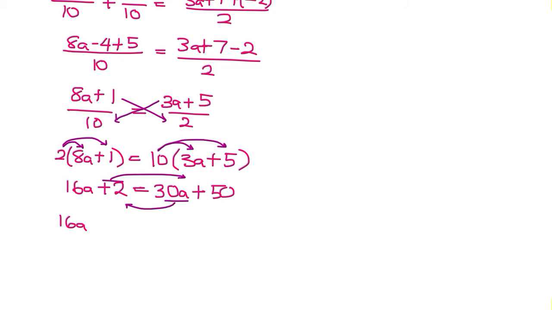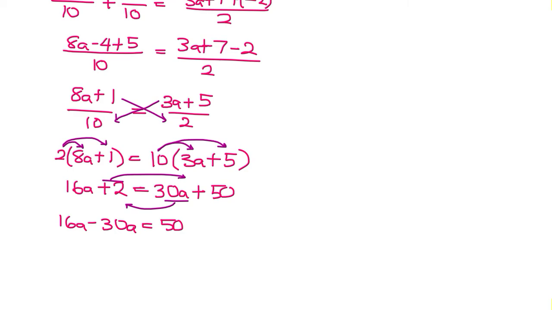So 30a, which is positive 30a, becomes negative 30a on the left side, and on the right side positive 50 is going to be taken away in here when we put in our 2.